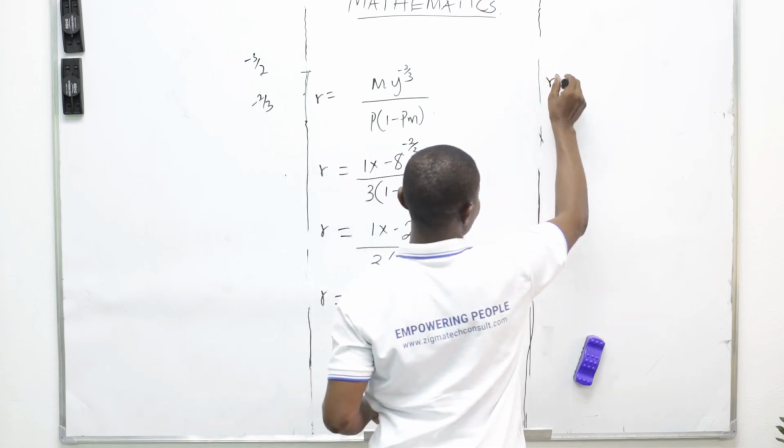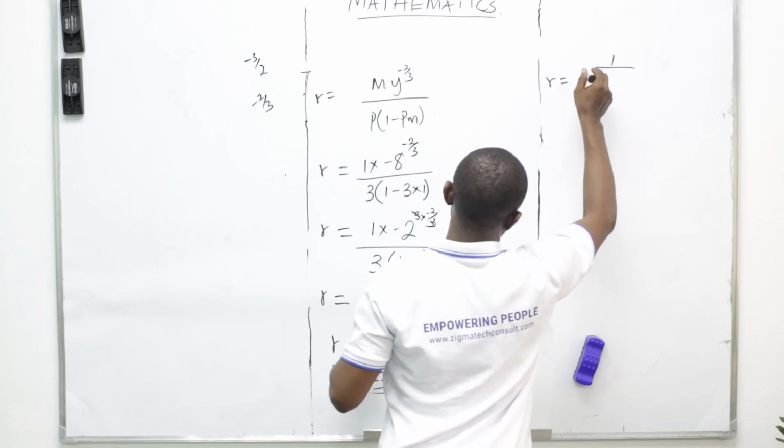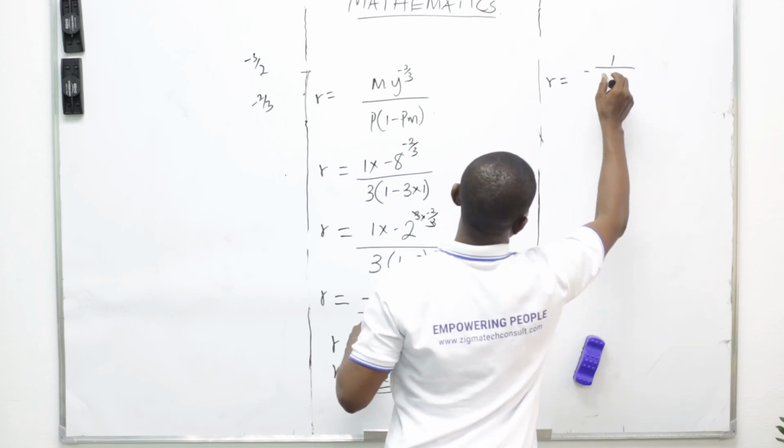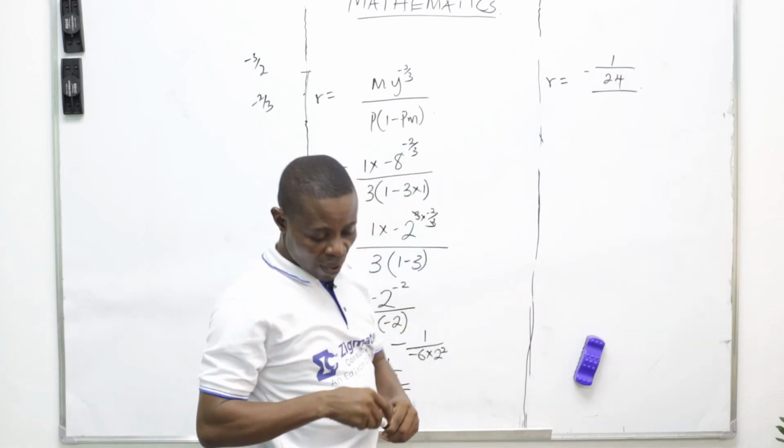That is, r equals minus 1 all over 24. This is the solution to r.